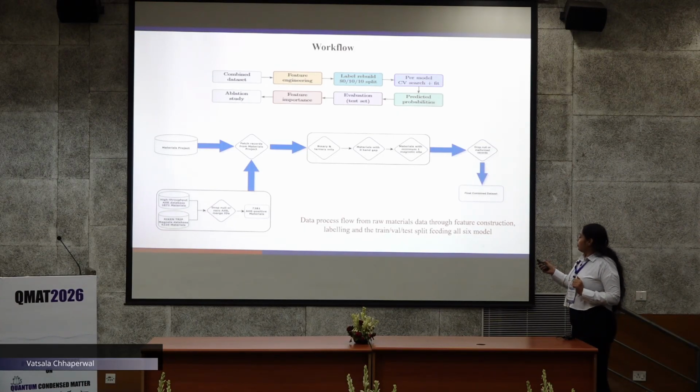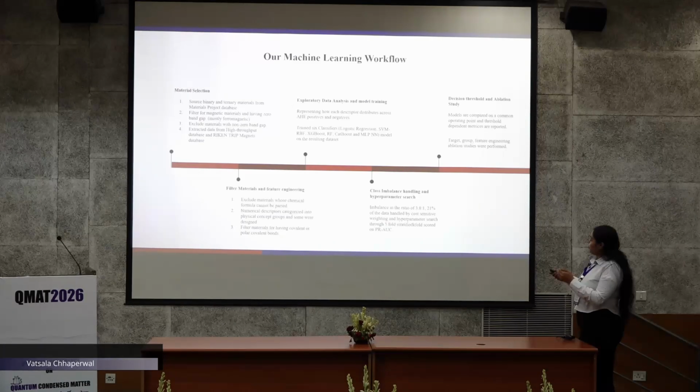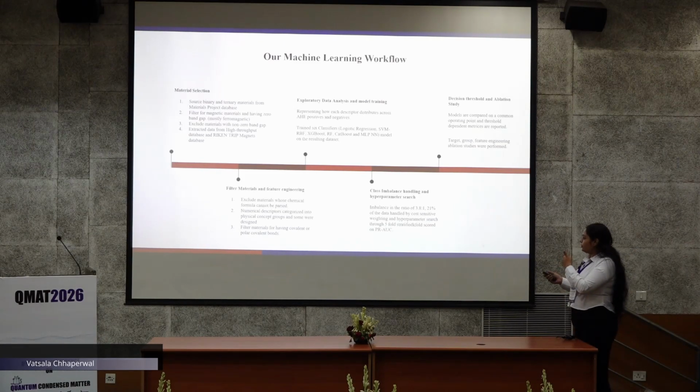On that we performed covalent and polar covalent filtering, and the numerical descriptors were categorized into some classes. Then we performed the EDA and trained the model. Then we performed class imbalance handling and a hyperparameter search using 5-fold stratified k-fold modeling.